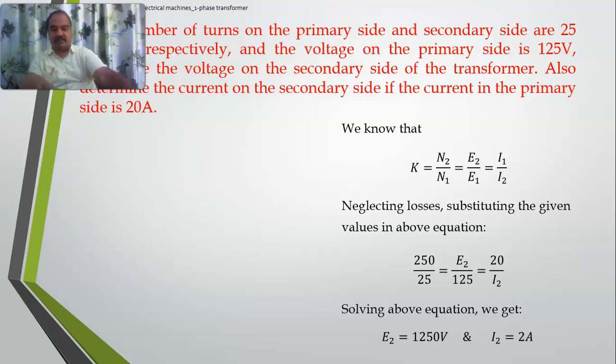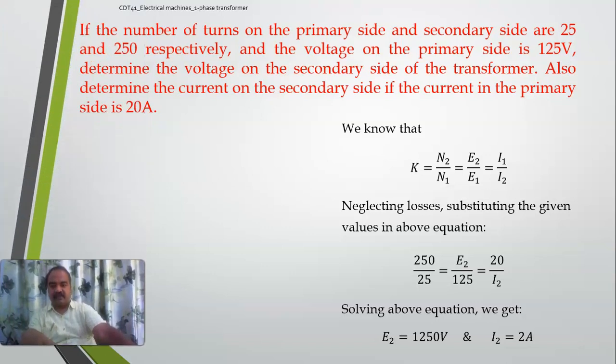See, this is one numerical problem. See what has been given. The number of turns on the primary side and the secondary side are 25 and 250 respectively. So N1 is equal to 25, N2 is equal to 250. And they are saying the voltage on the primary side is 125.